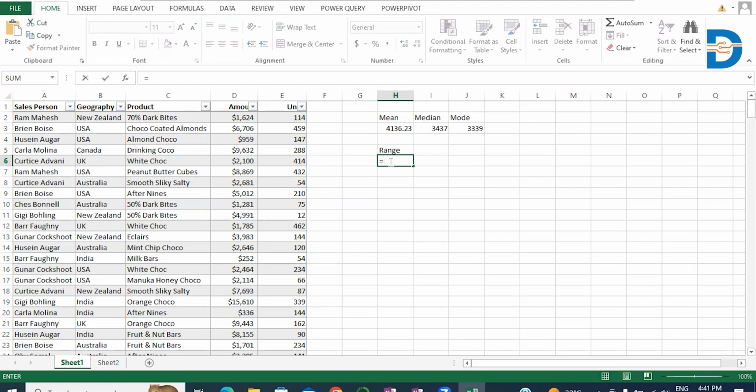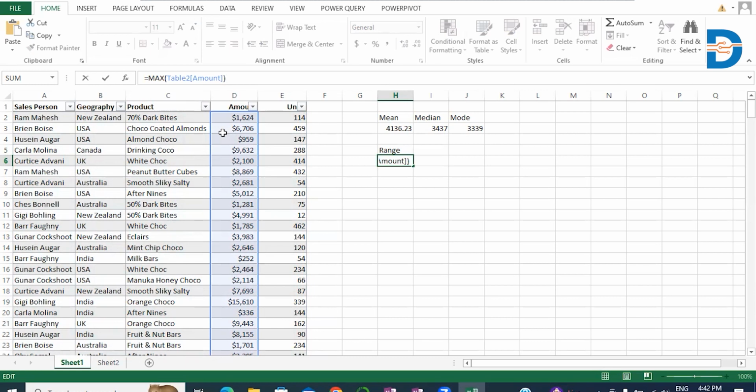To calculate the range, we apply the max function and assign the whole column of your table. Amount is the column. Then complete the brackets and hit enter.